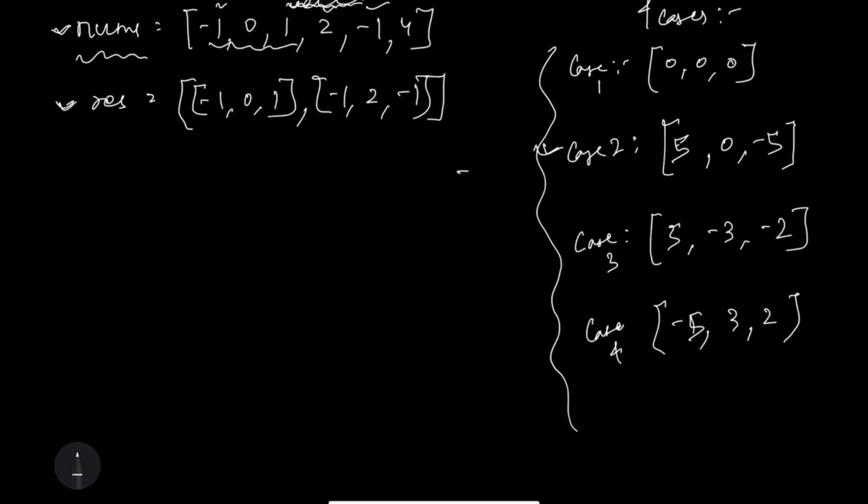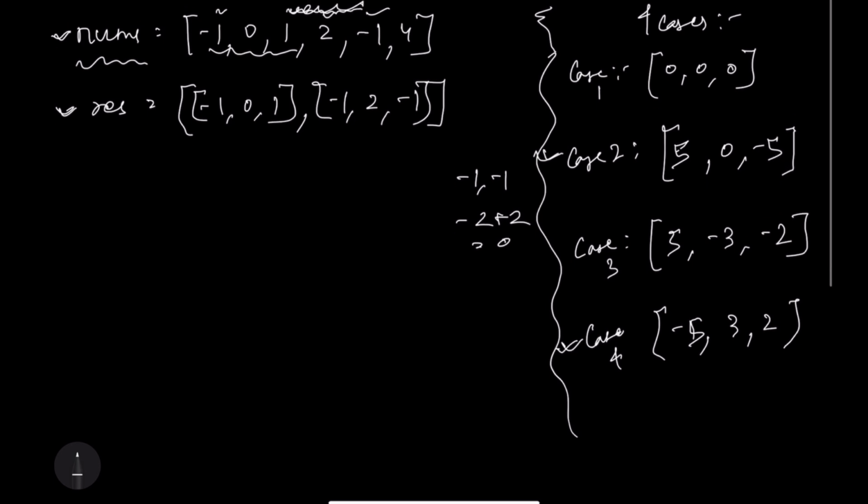So -1 plus -1 would be -2 and then there would be +2, which is 0. So this would follow our case number 4. So we have to cover 4 cases in our code. So let's go over to Leetcode and see how we can code this problem.